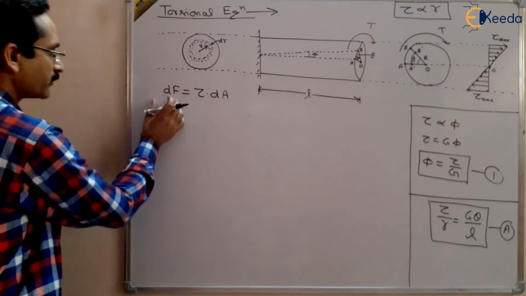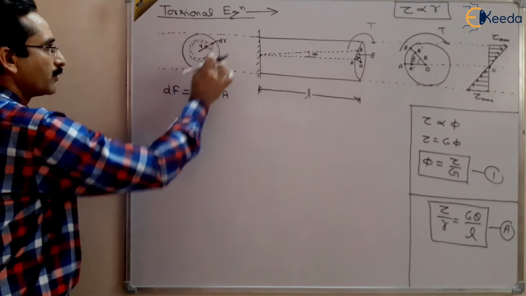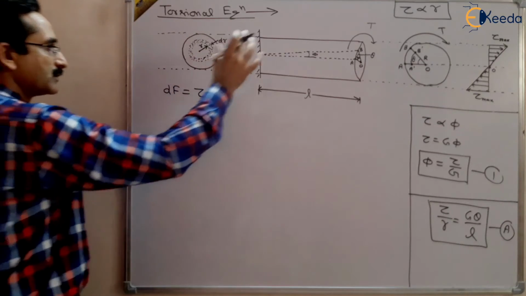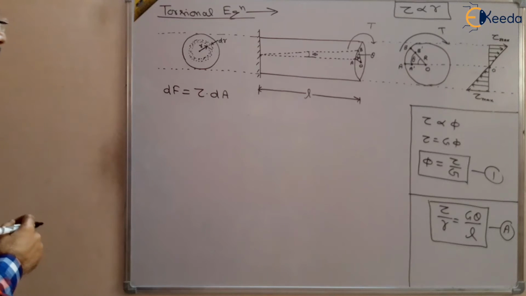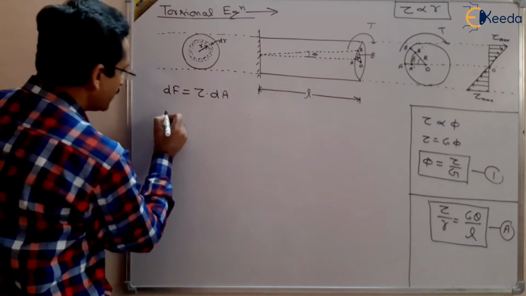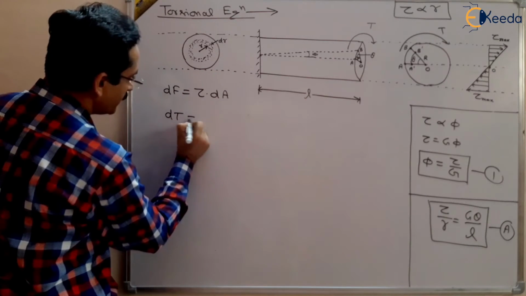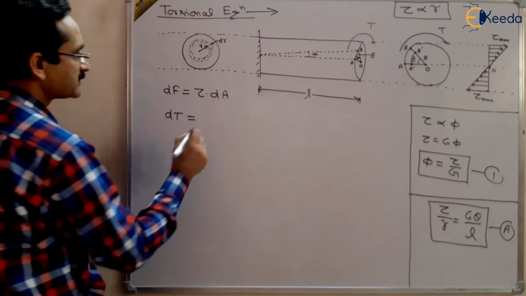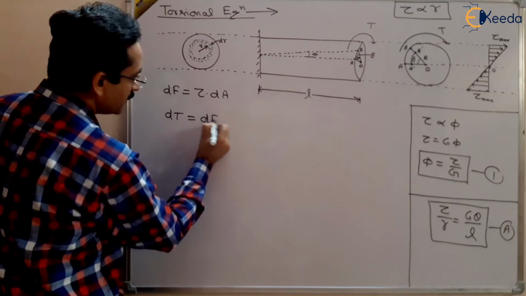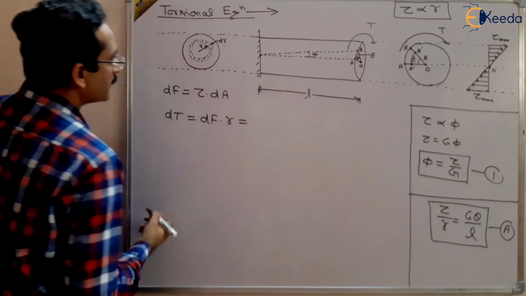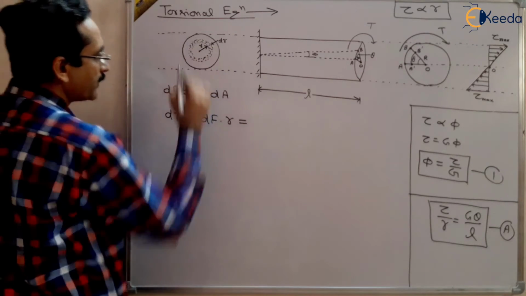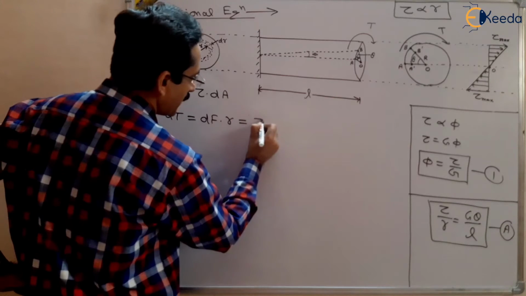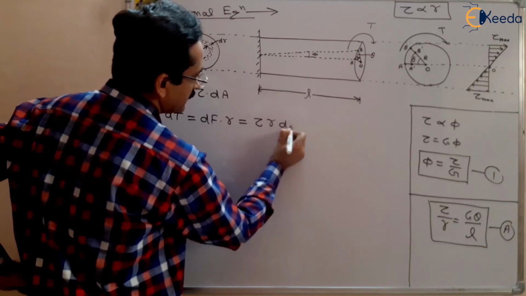So the shear force acting on this part of the shaft will be equal to tau multiplied by dA, right? And what is torque? Torque will be force multiplied by radius, so that will be equal to dF multiplied by r, because at this radius it is acting. So that will be equal to tau r dA.